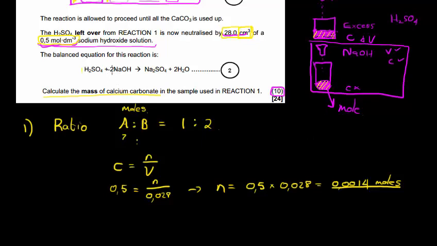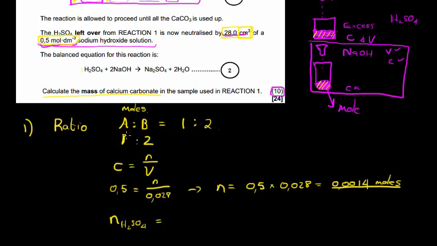And since it's 1 to 2, acid to base, for every 1 acid we use 2 bases. What is the moles of H2SO4? Is it double that or half of that? Double.